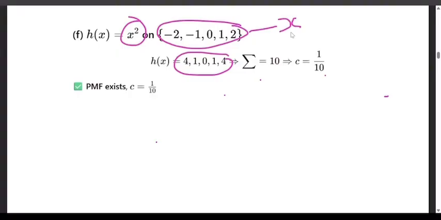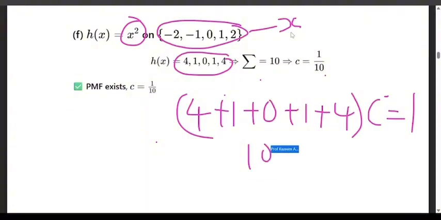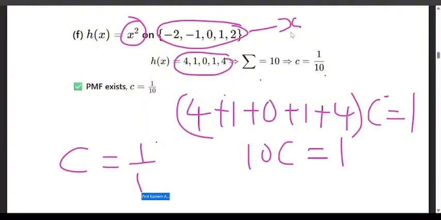You can even add them up and multiply by c. So I'm going to do 4 plus 1 plus 0 plus 1 plus 4, then multiply by c, then equate it to 1. When I do that, I'm going to have 10c equal to 1, and that implies c is 1 over 10.